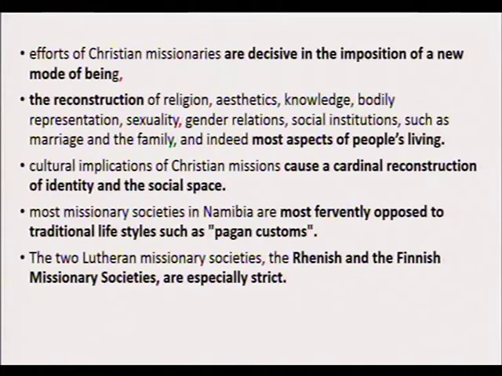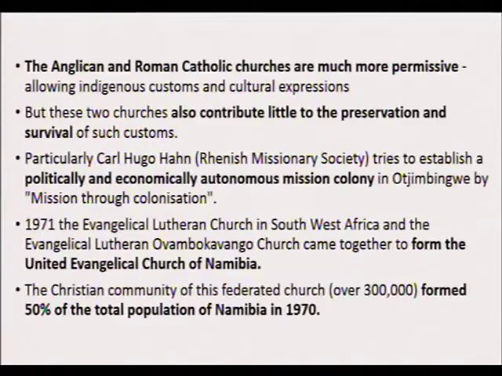Two of the Lutheran missionary societies, the Rhenish and the Finnish missionary societies, were especially strict regarding the above. When we look at the Anglican and the Roman Catholic churches, they were more permissive and they allowed the indigenous customs and cultural expressions, but it was not enough to contribute to the preservation and the survival of the customs.